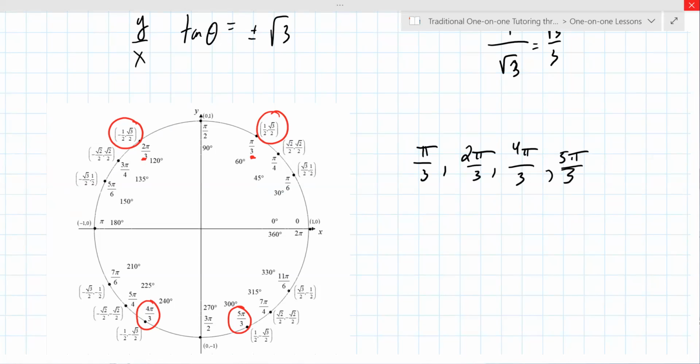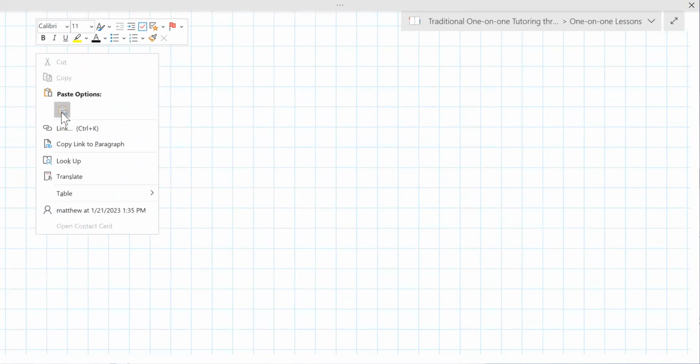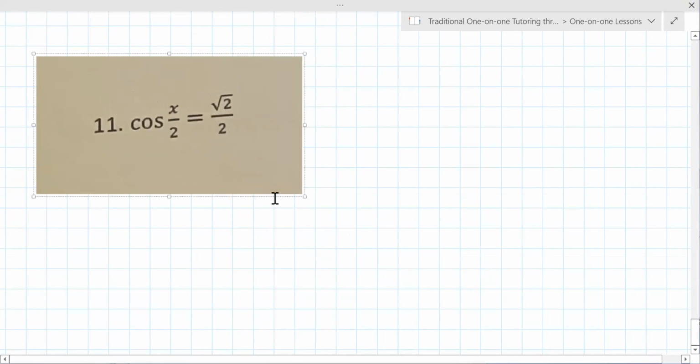Okay, let's look at number 11 and then 12. 11 is one of these where the period has changed, and that does affect the answers quite a bit. When you look at this problem, it's already solved for the trig function, except it just happens to be this x over 2.